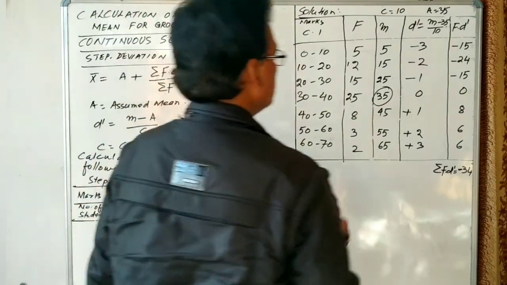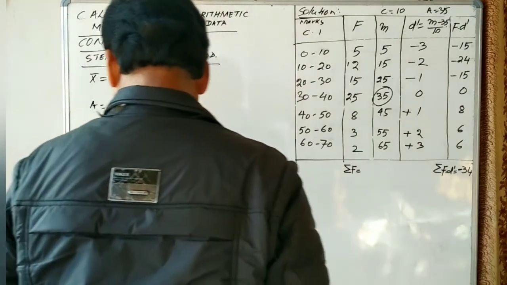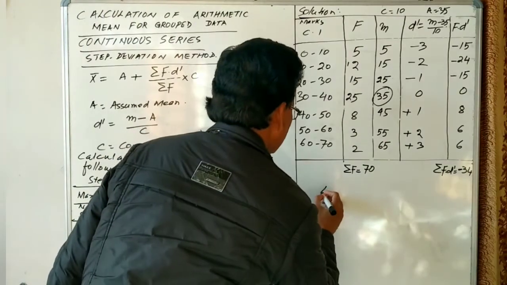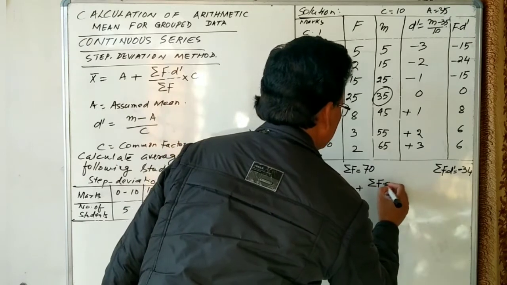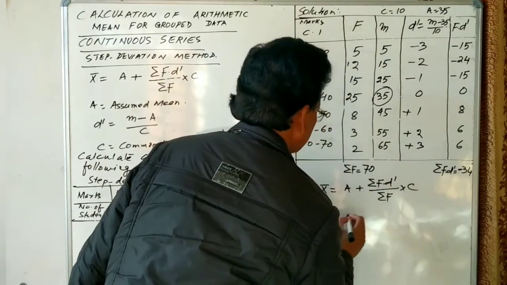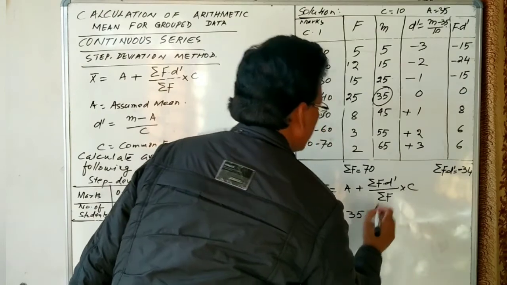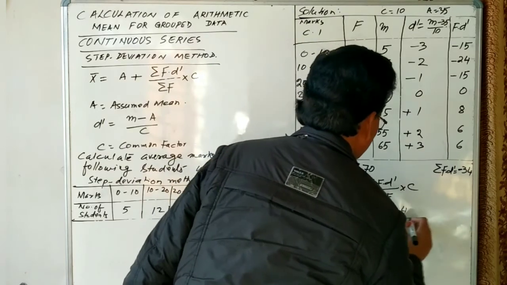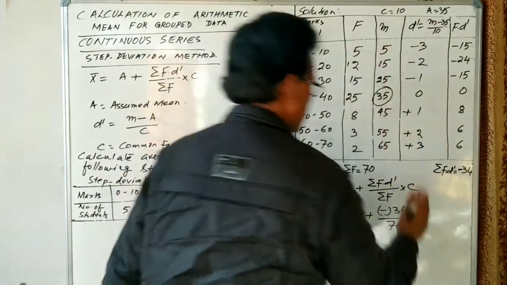Then you can put in this formula. Here f is given, total number of students are 70. So let us take the formula. This is A plus sum of f d dash divided by sum of f, multiplied by common factor. This A is 35. Sum of f d dash is minus 34. Sum of f is 70 and common factor is 10.